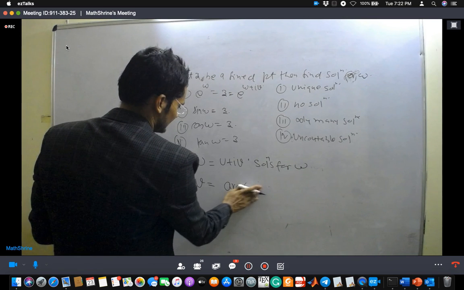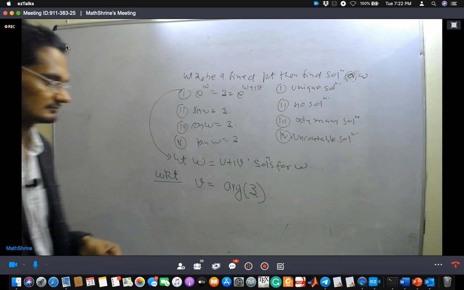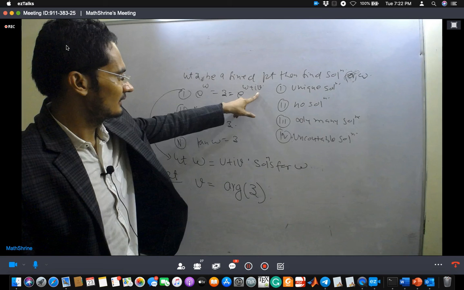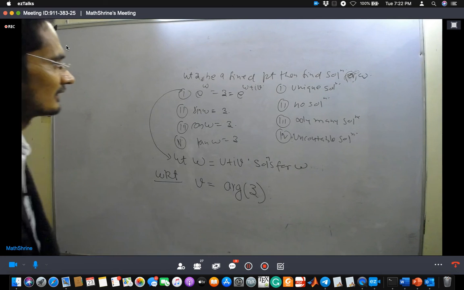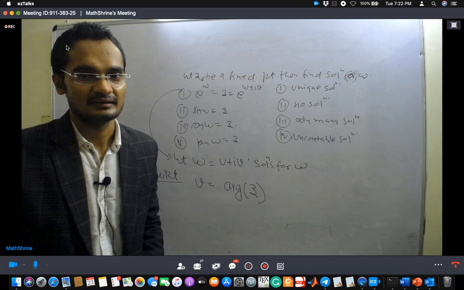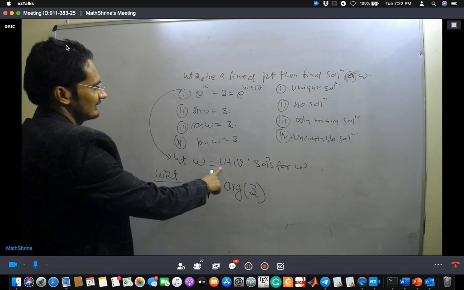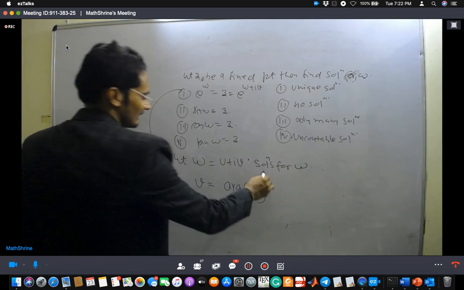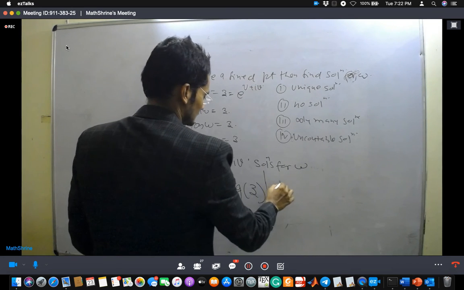What else is remaining? Now we need to calculate the U, right? Nothing else. So if you want to calculate the U, e raised to the power U plus iota V is equal to Z. Take the modulus both sides. This is a complex number, this is a complex number, so we can take the modulus. Fantastic. It will come out e raised to the power U is equal to mod Z. Now we are in real analysis.